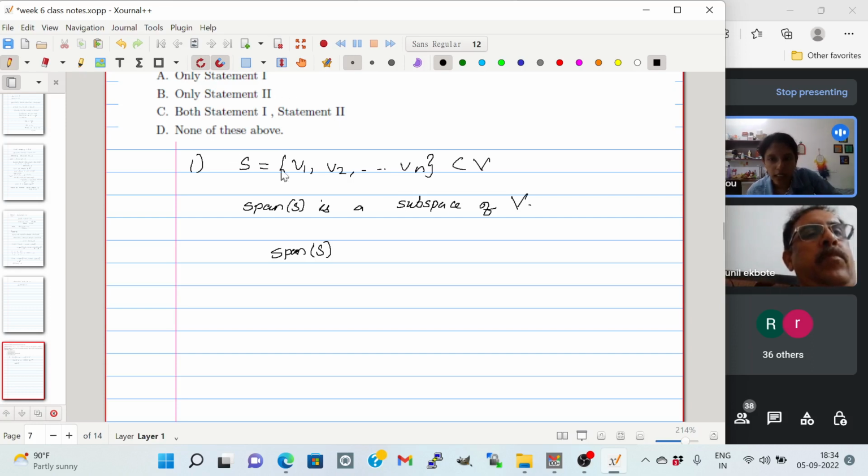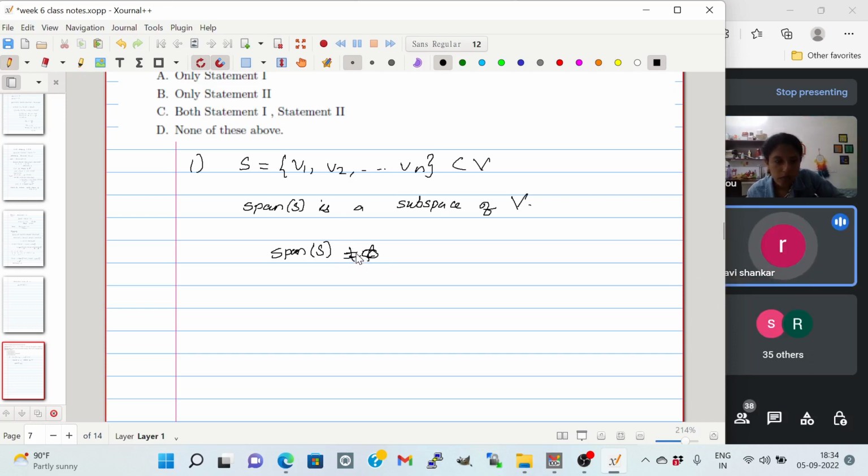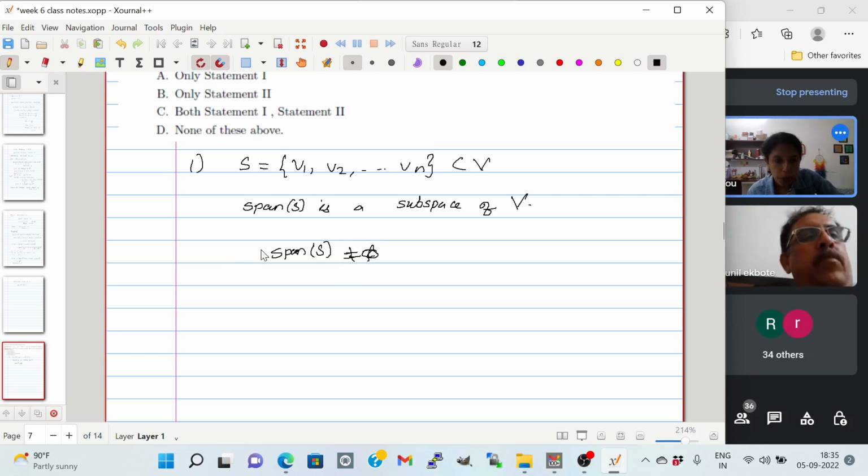What other... like here, span S is non-empty, right? Product of 2 elements? Where are you taking the product? Can you specify? This vector product is not possible.